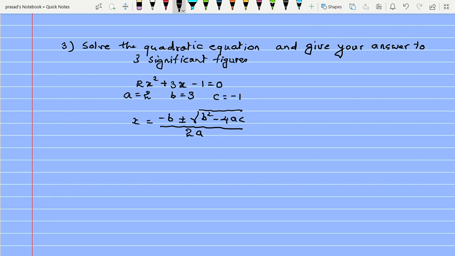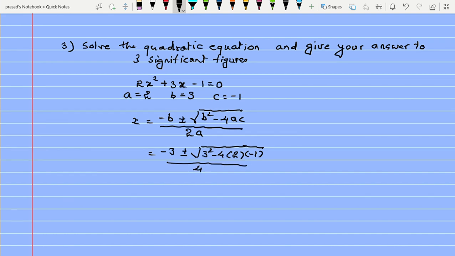So minus b, that is negative 3, plus or minus root b square, that is 3 square, minus 4, a is 2, c is negative 1, upon 2a, that is 2 into 2, 4.